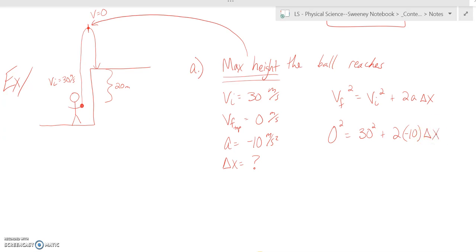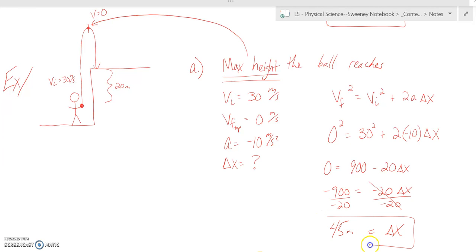We're looking for that maximum height. So 0 equals 900 minus 20 times delta x. Move the 900 over, divide by -20, and our maximum height is 45 meters.